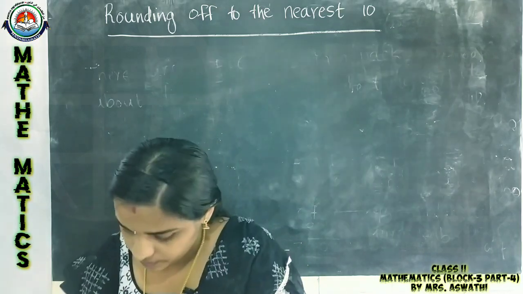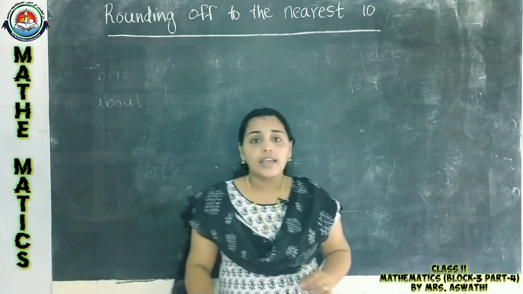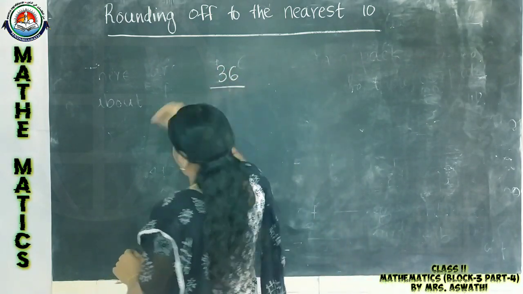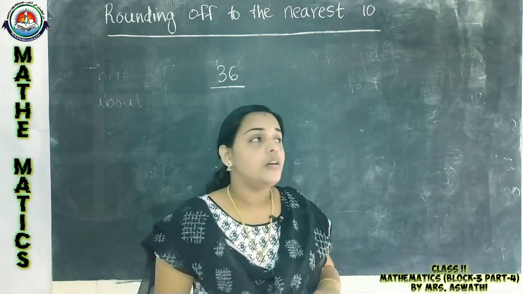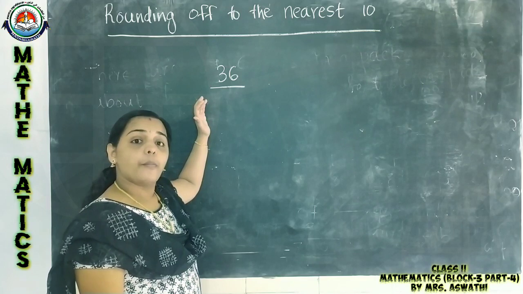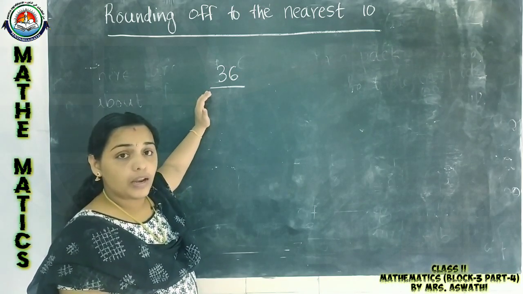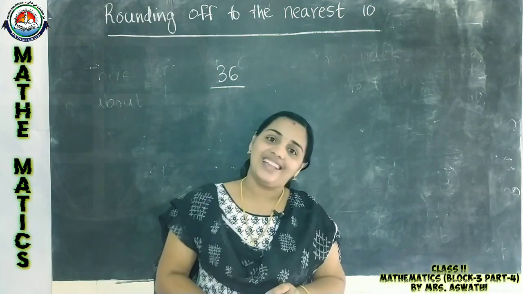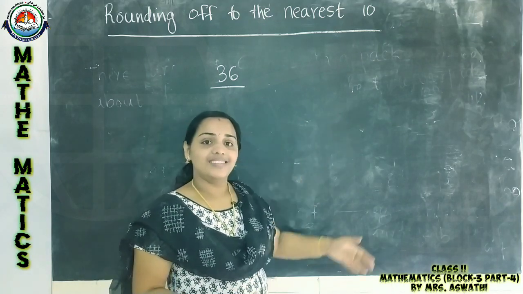Then I give one number, 36. Which is this number? 36. Can you visualize this number on the number line in your mind, without drawing or showing a number line?